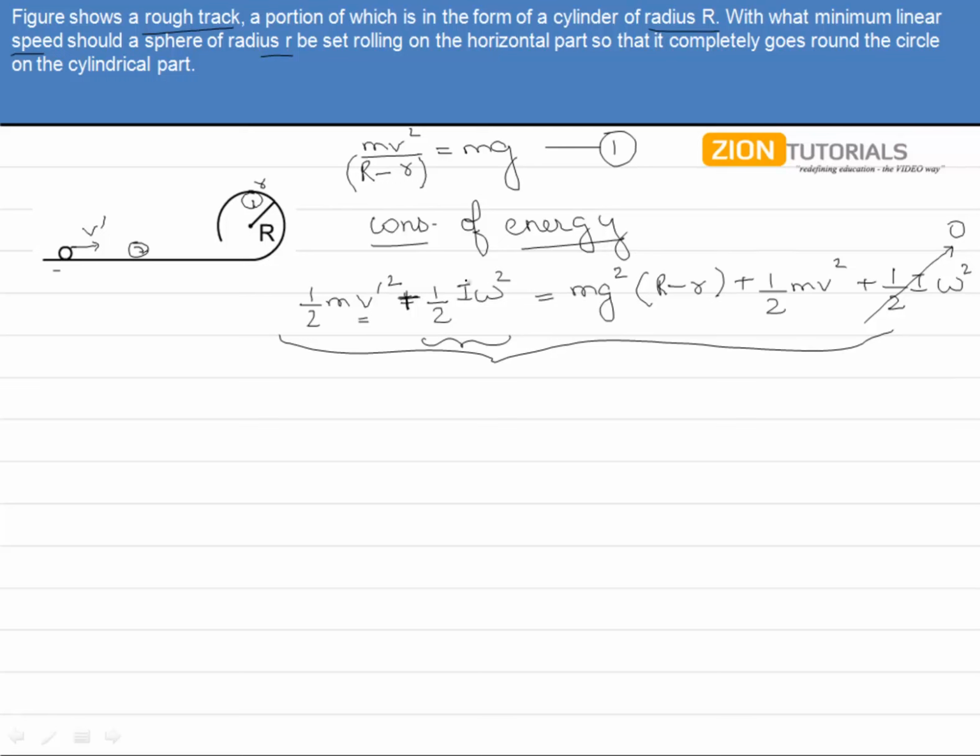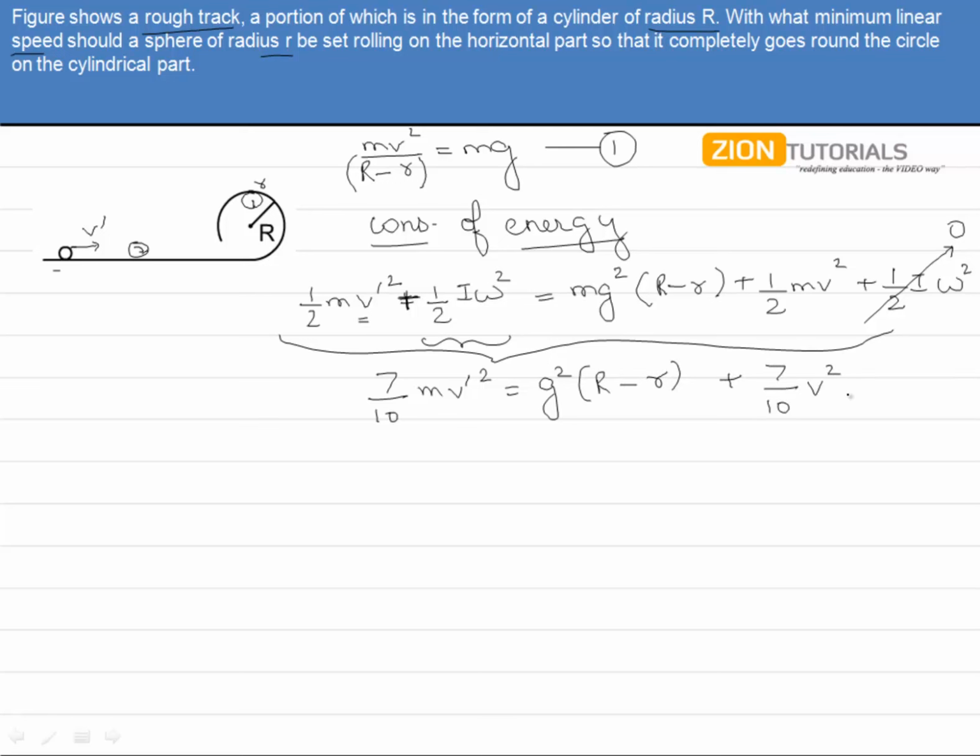Now putting the value, I is 2 by 5 mr square, because it is a solid sphere. So we can get 7 by 10 mv dash square equals mg into (R minus r) plus 7 by 10 mv square.